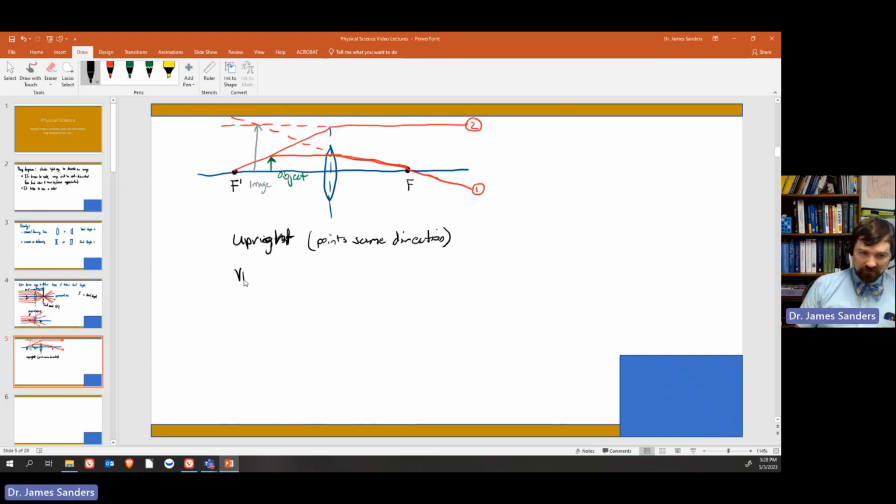It is virtual. That means we had to draw dashed lines to intersect. And it's magnified, larger than the object.